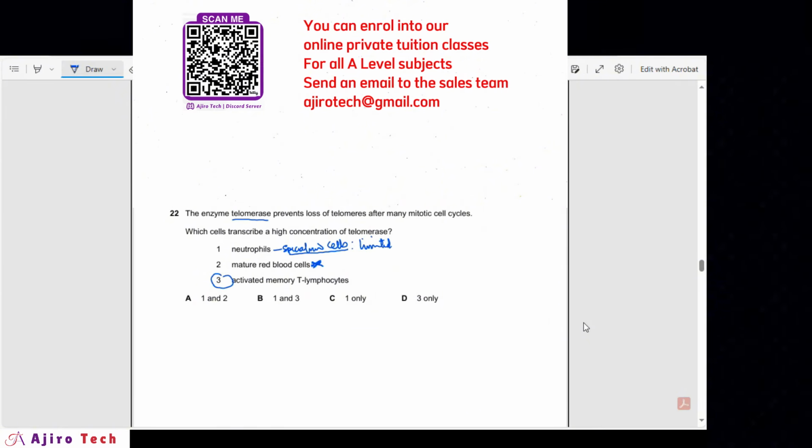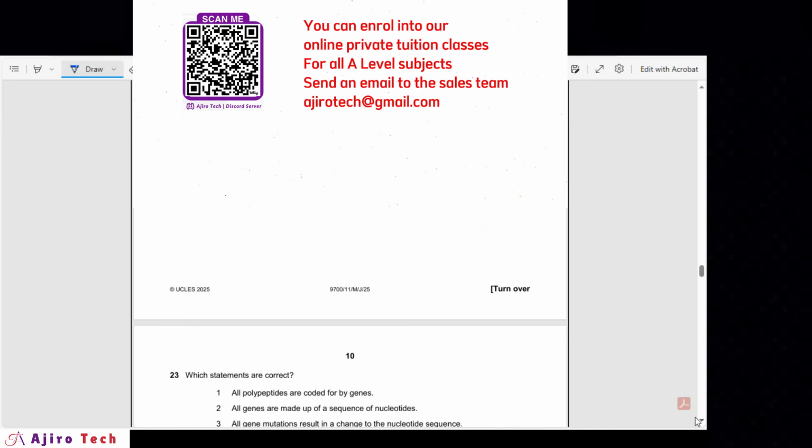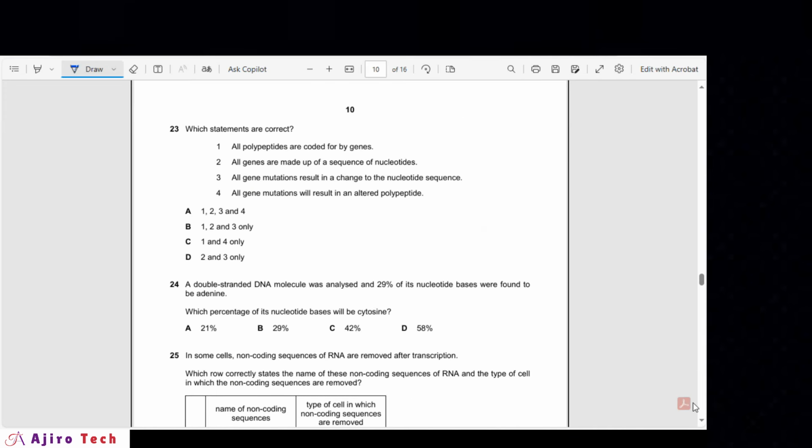They are limited in terms of cell division. They are not actively dividing as specialized cells. Specialized cells lose their ability to divide, so the activity here too is not going to be high. So the cell that will transcribe a high concentration of telomerase will just be the activated memory T lymphocyte that has to divide many times.